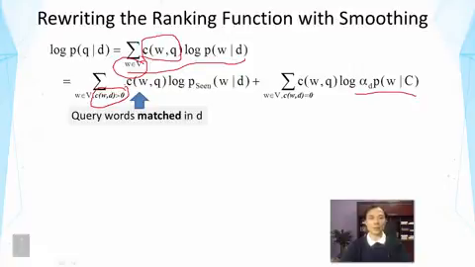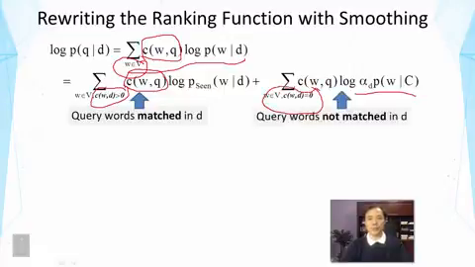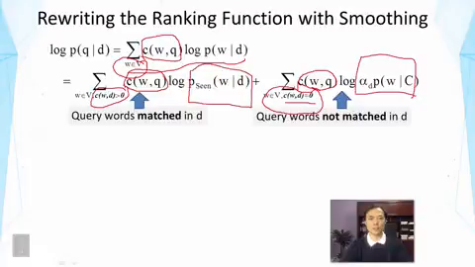And they also have to, of course, have a non-zero count in the query. So these are the query words that are matched in the document. On the other hand, in this sum, we are taking a sum over all the query words that are not matched in the document. Right? So they occur in the query due to this term, but they don't occur in the document. In this case, these words have this probability because of our assumption about the smoothing. Note that here, these unseen words have a different probability.